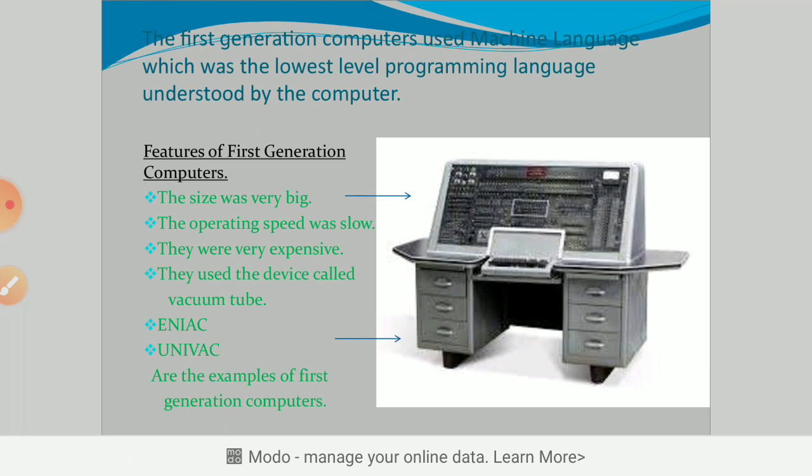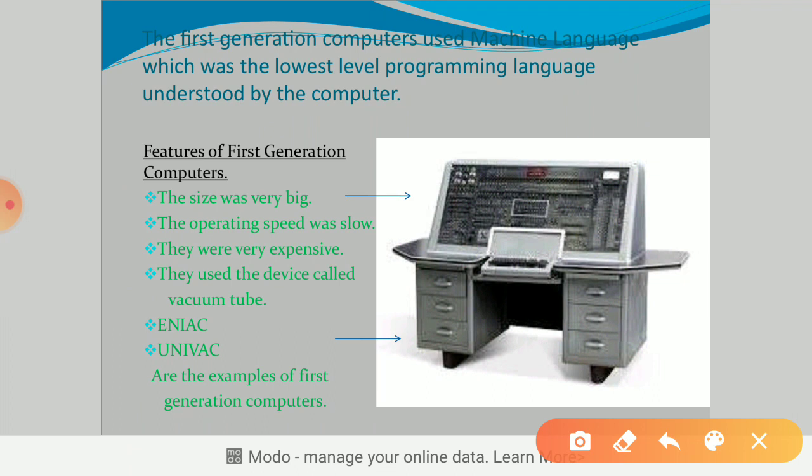The first generation computers used machine language, which was the lowest level programming language understood by computers. As you can see in the picture, it is UNIVAC, meaning Universal Automatic Computer. It was the first electronic general purpose digital computer, developed in 1946.